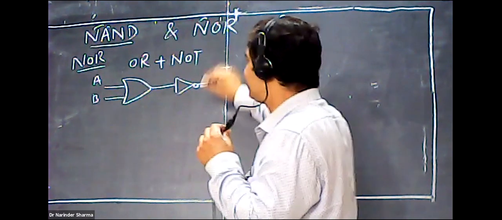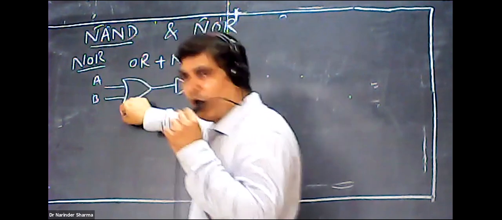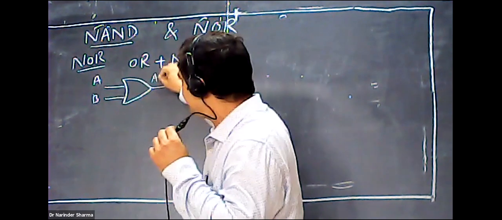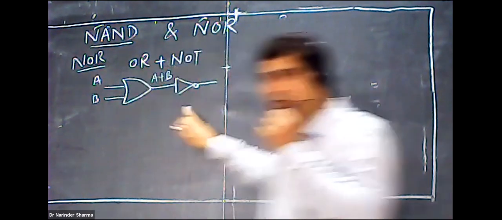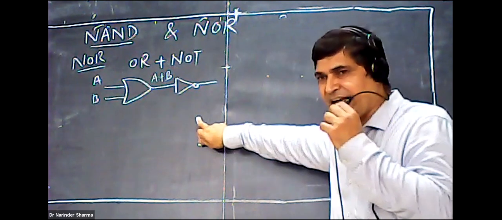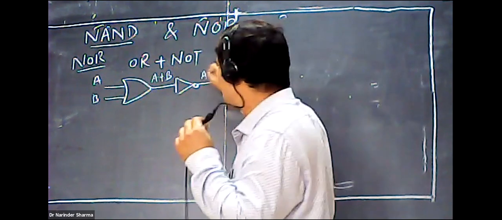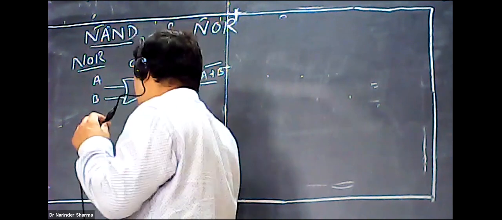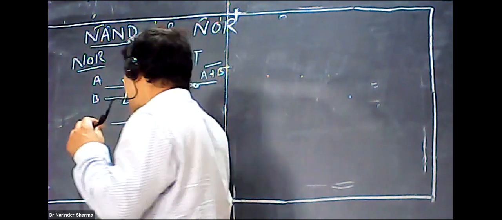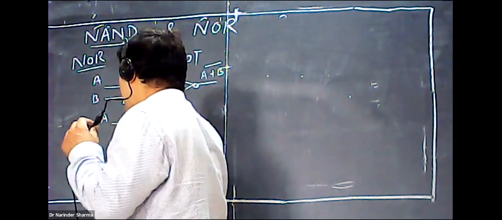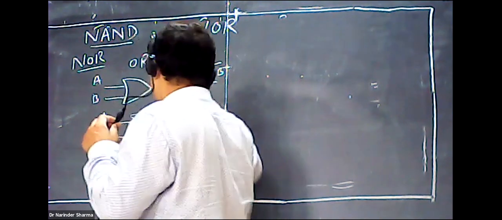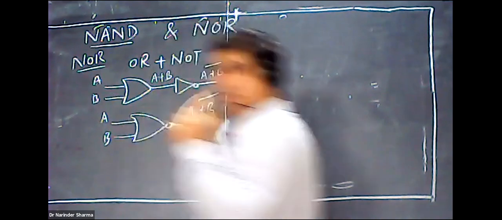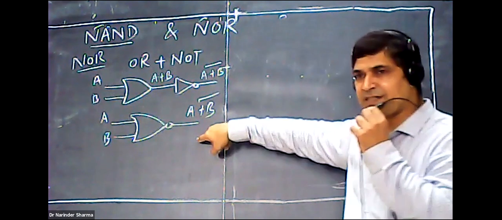So the OR gate output is A plus B, and if I use the inverter NOT gate, it will give us (A plus B) bar. The symbol of the NOR gate is defined like this, A, B, and the output is (A plus B) bar.